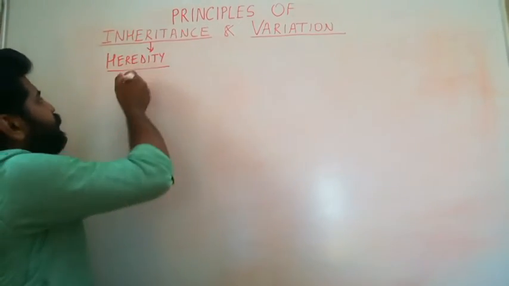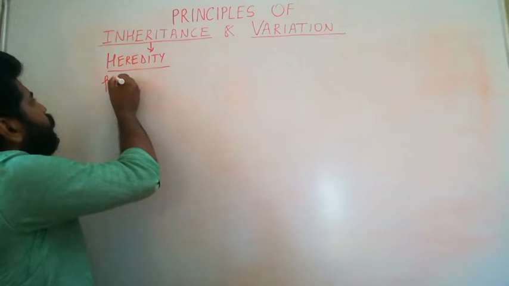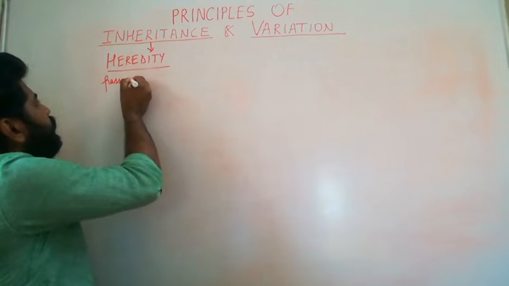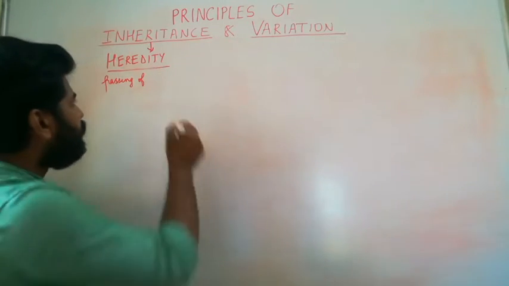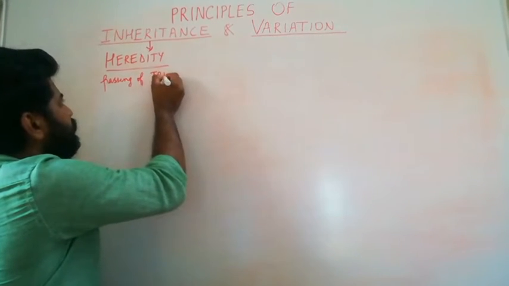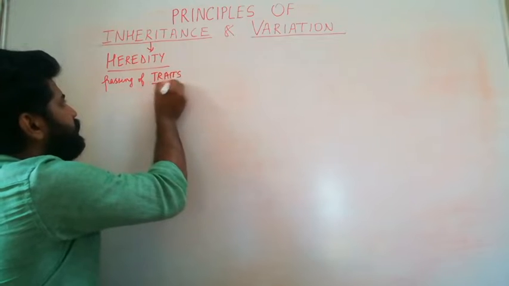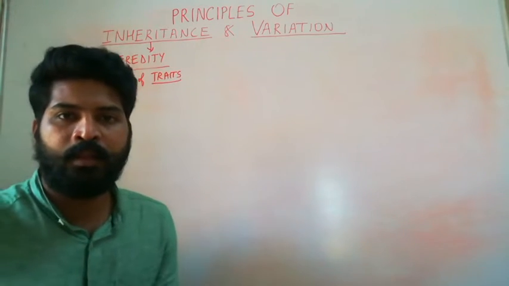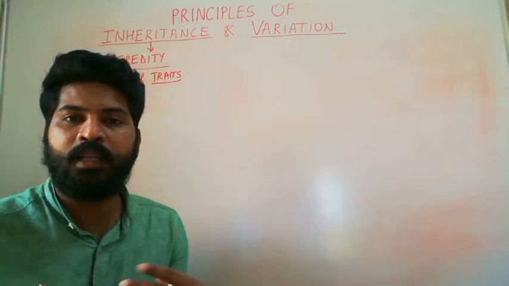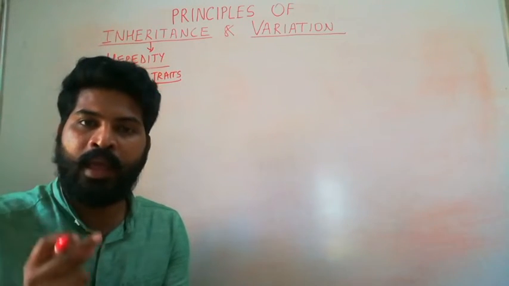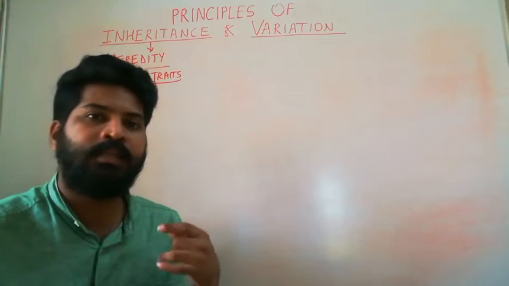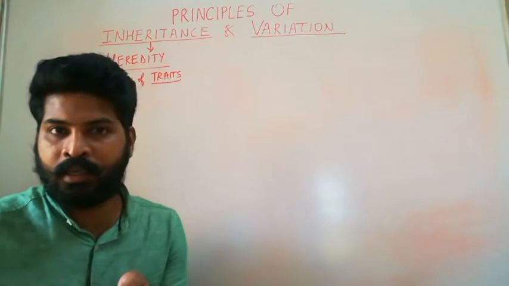So it deals with the study of how characters are passed. We call the characters traits. These are observable features. For example, the hair is black. Is it straight or is it curly?